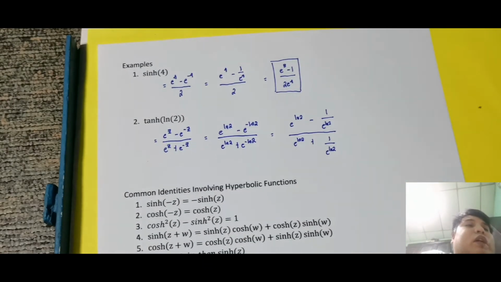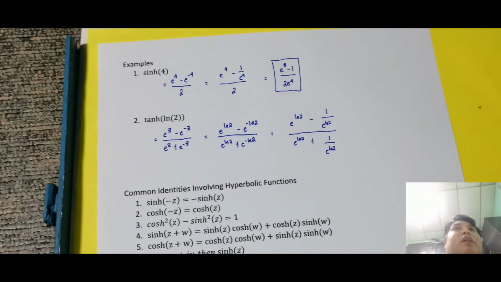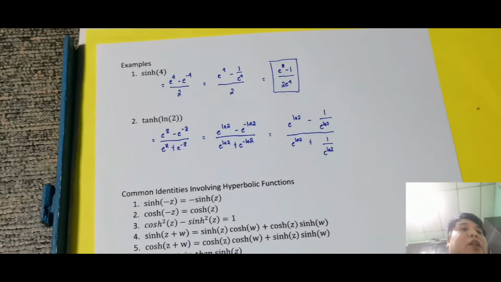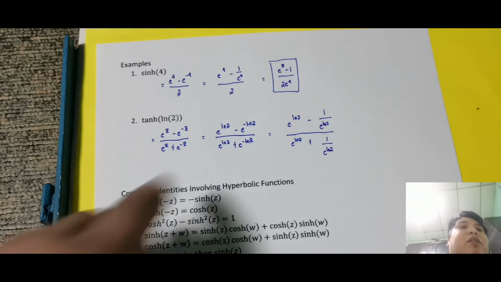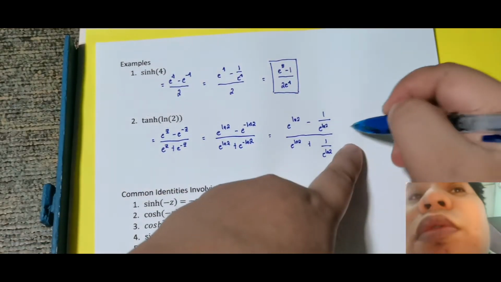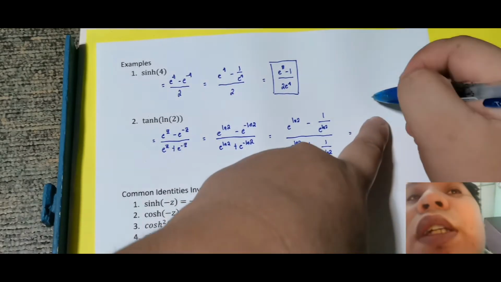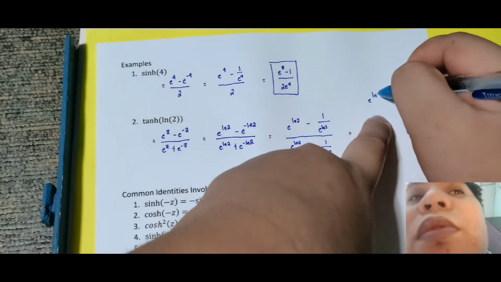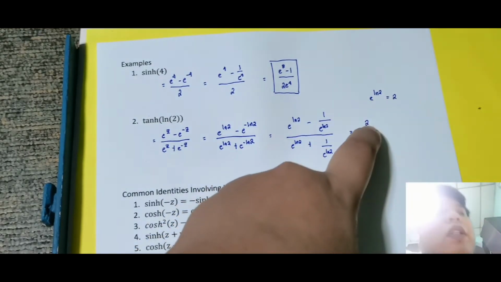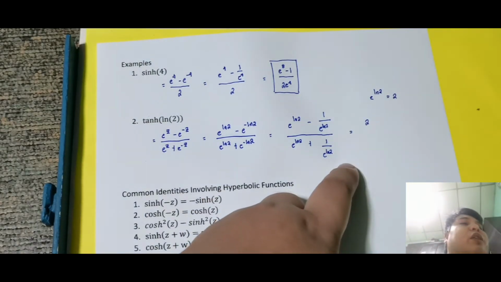Okay, note that yung ln ibig sabihin niya is logarithm base e. Tama? So kung meron tayong ganun, ang magiging sagot ng e raised to ln of 2 is just 2. Kasi nga yung e raised to ln of 2 ay equivalent lang sa 2, kasi cancel yung ln, logarithm base e.